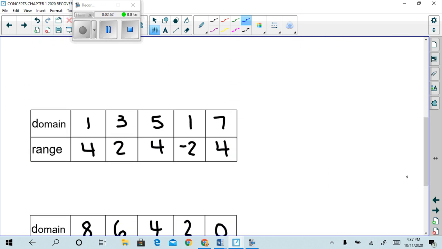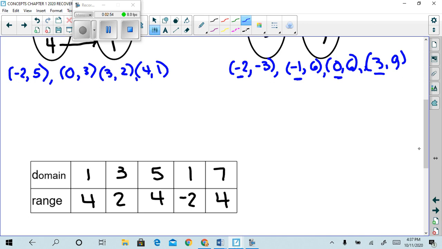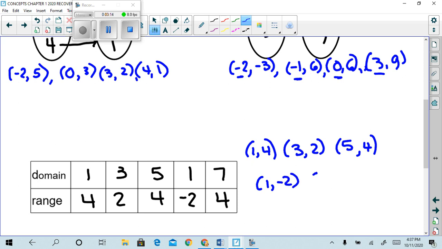I can also use a table of values to represent a possible relation as a function. Once again, I can write these as ordered pairs, but I notice that 1 is paired with 4, domain to range. My 3 is paired with 2. 5 is paired with 4. 1 is paired with -2. And 7 is paired with 4. Now here's what I want you to focus on.